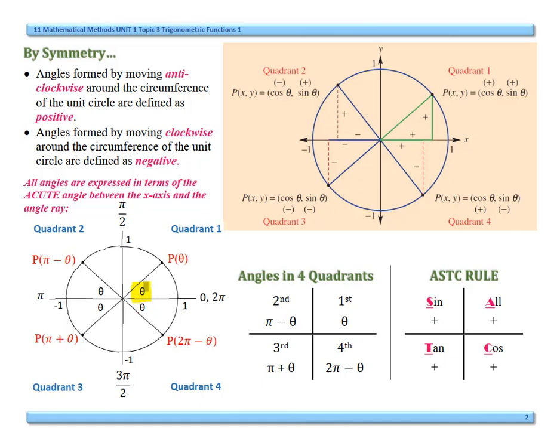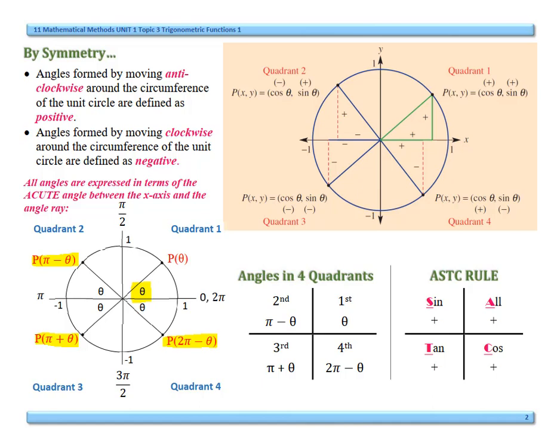So we always look at that angle there. And as you can see in this diagram, this point here would be pi minus theta. Okay, so all the way around to pi and back theta. The next point in our third quadrant would be pi plus theta. And in our fourth quadrant, it's 2 pi minus theta.